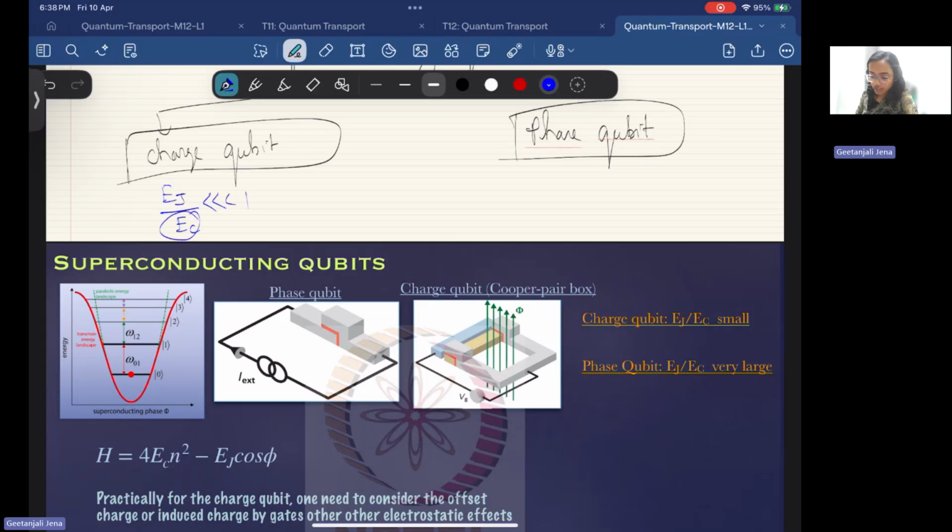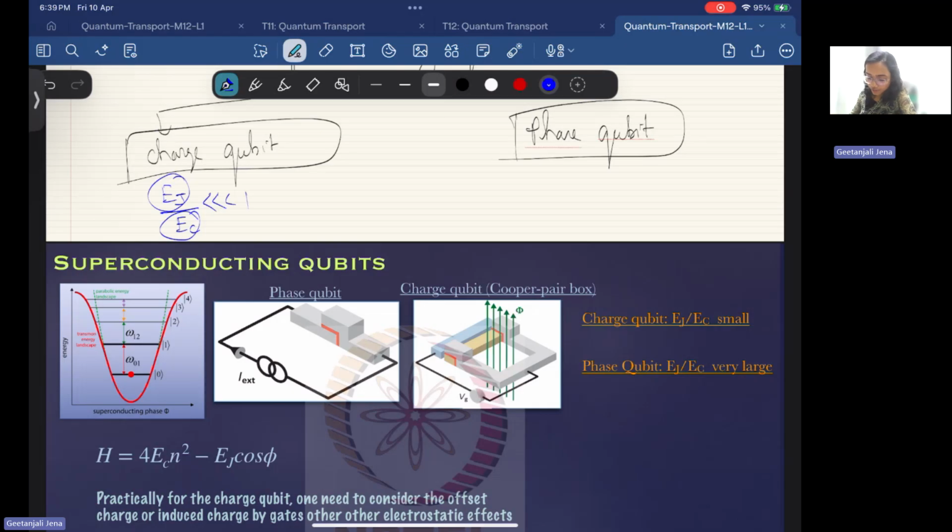That means the charging energy should dominate over the Josephson energy. The Josephson energy is nothing but a measure of the coupling of the circuit. So that means the coupling in the circuit should be minimal, and the charging energy should dominate over it.